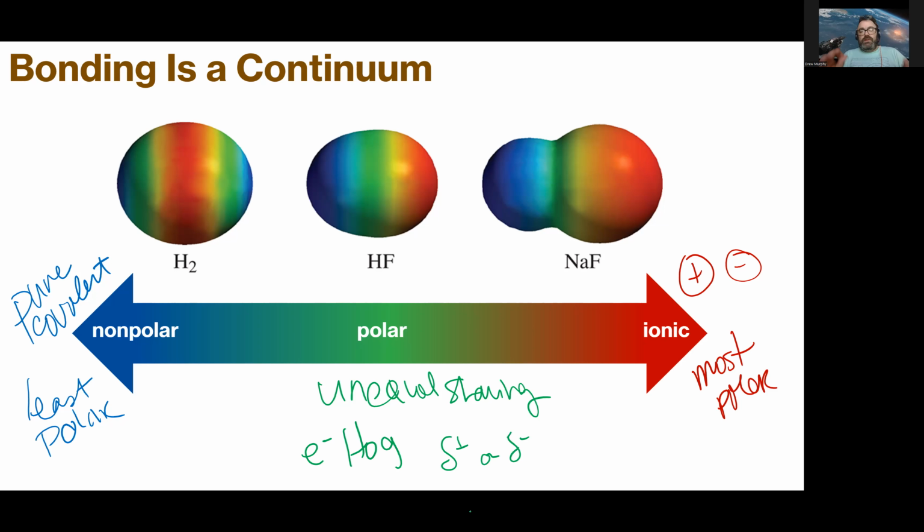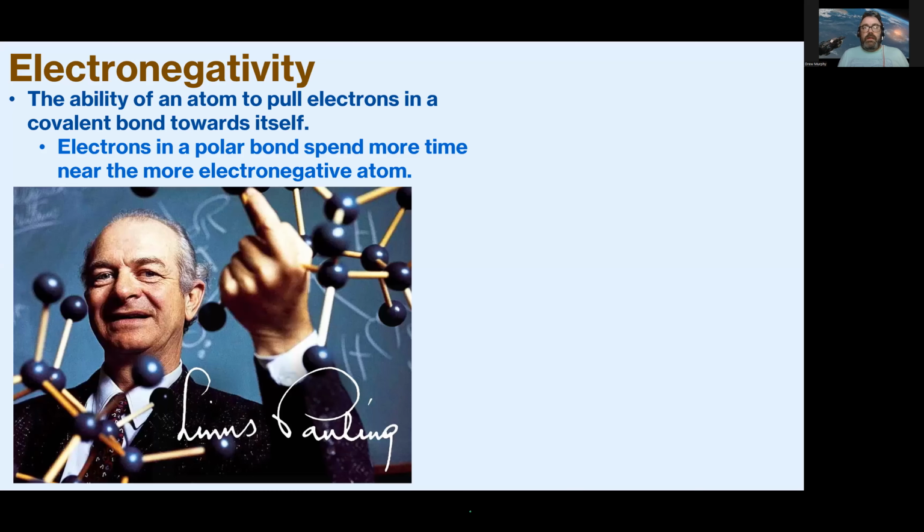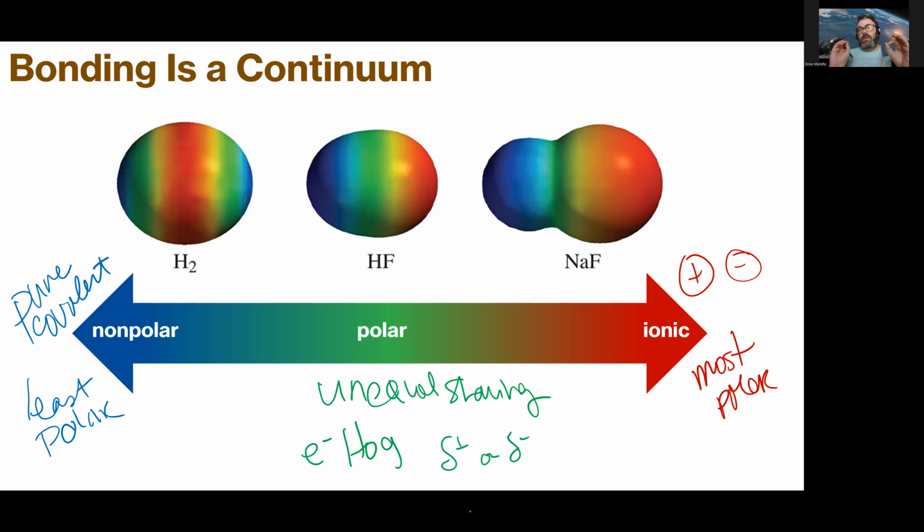Okay. So one of the best ways to think about this bonding continuum is the idea of a tug of war. The two atoms are trying to hold on to two electrons and each one is pulling them away. They want to have the electrons to themselves.